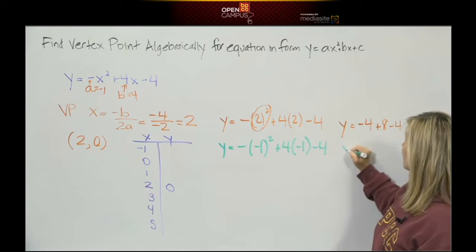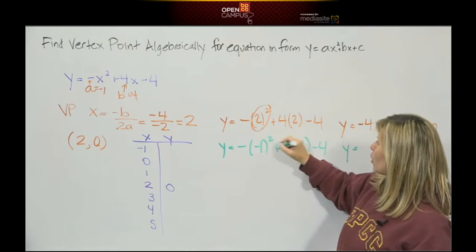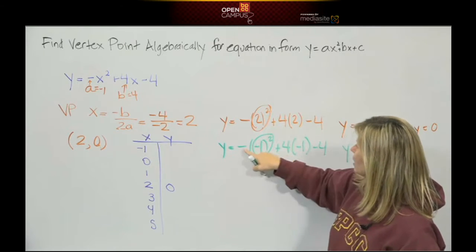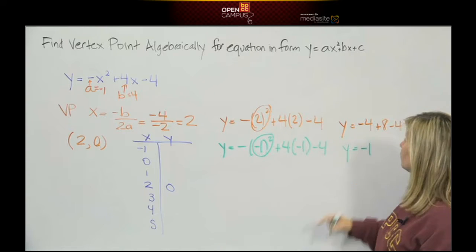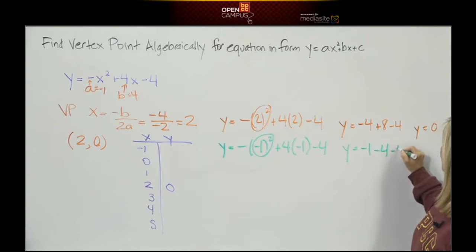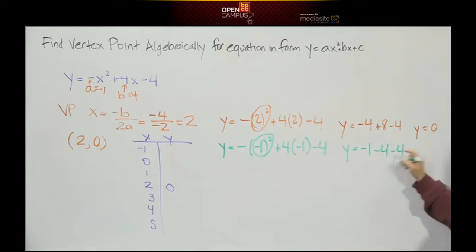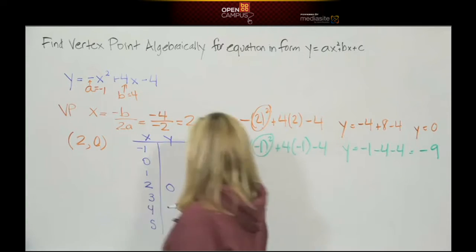I'm going to do my calculation. I do squaring first. Negative 1 squared is 1, and 1 times a negative 1 would still be negative 1. 4 times negative 1 is negative 4 minus 4. So that's negative 1 minus 4 minus 4. They're all negative. I would add them. I would get negative 9.